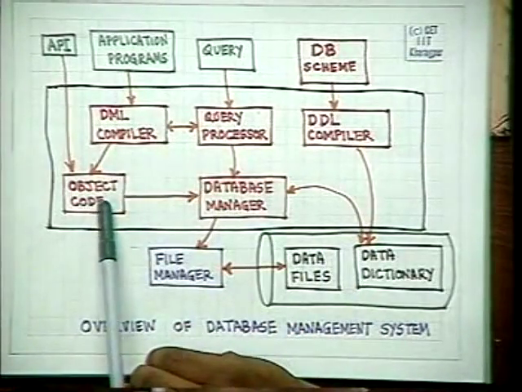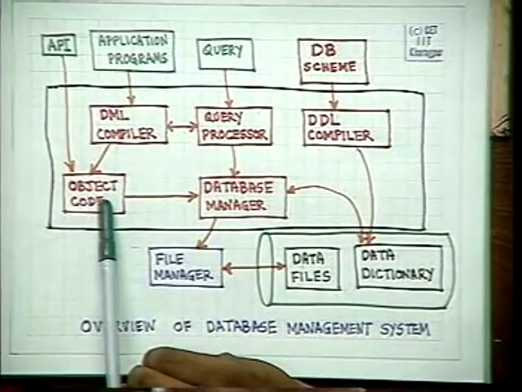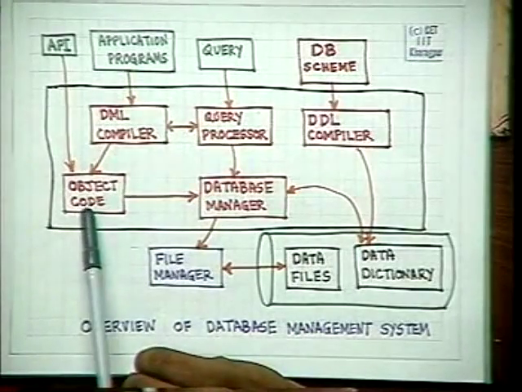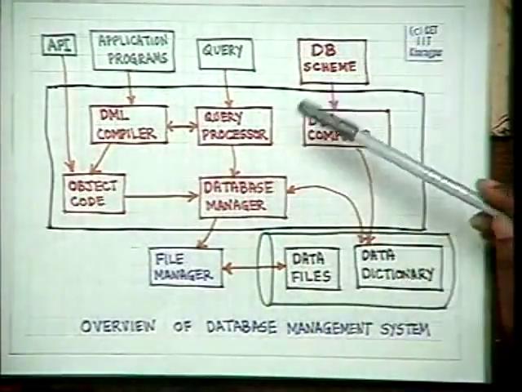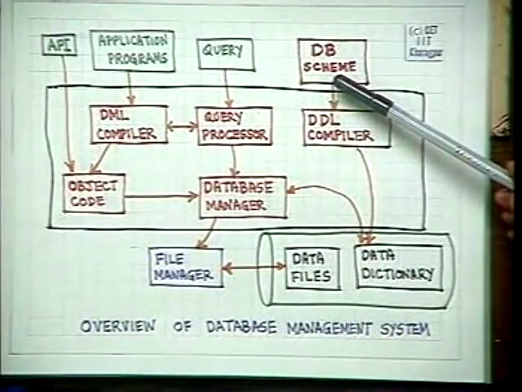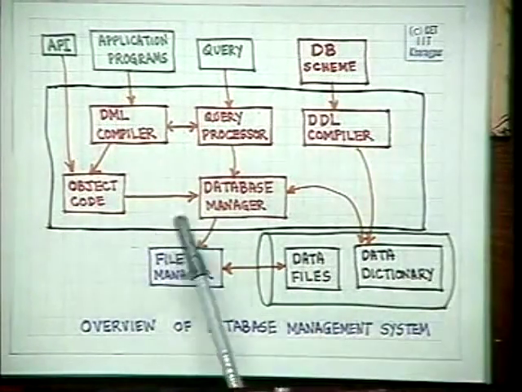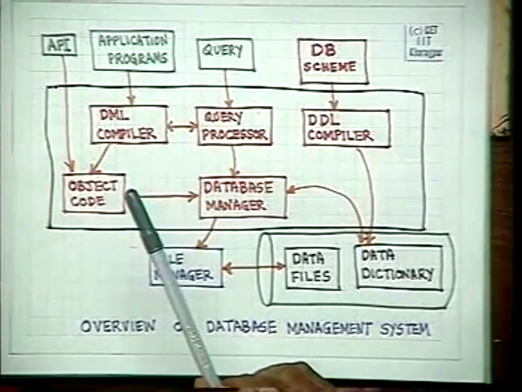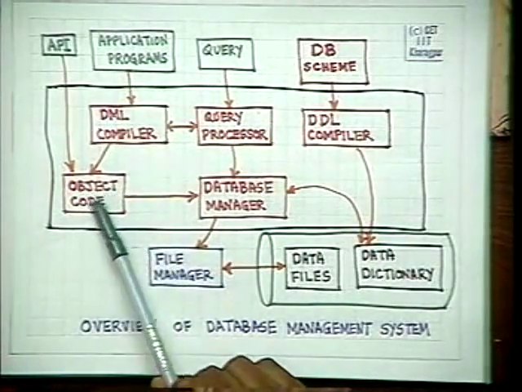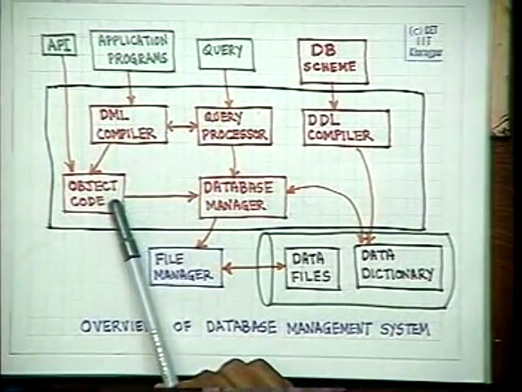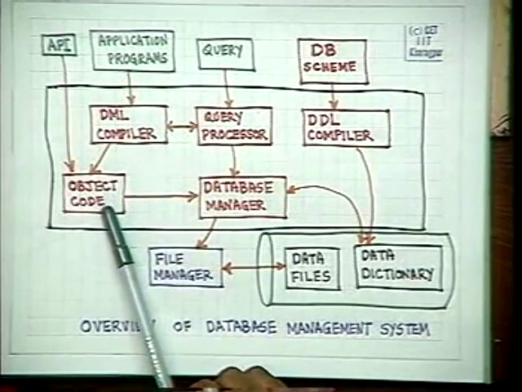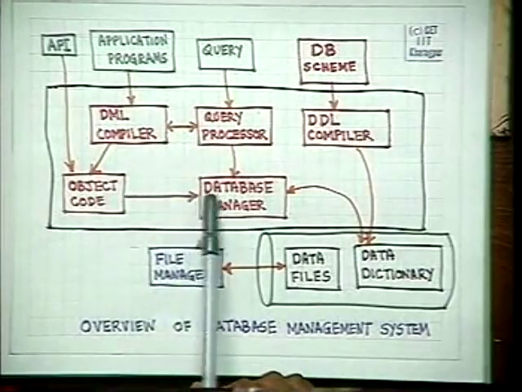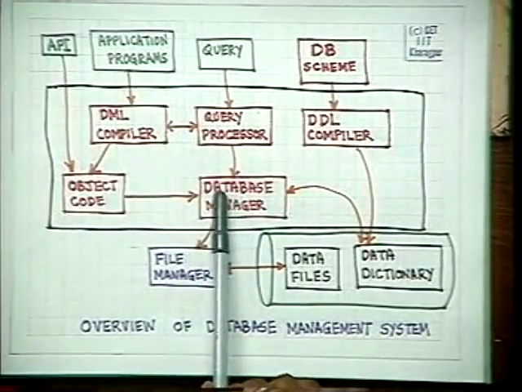Therefore this object code will not be aware of the details of the file structure. How is the information or the data stored in the file structure? Therefore it will not directly execute the code. For many aspects of the code, especially the read write and the file processing aspects, this will consult the database manager.